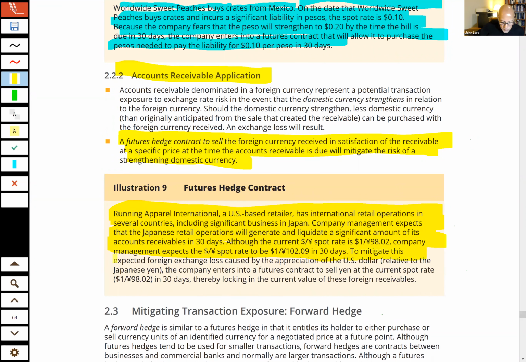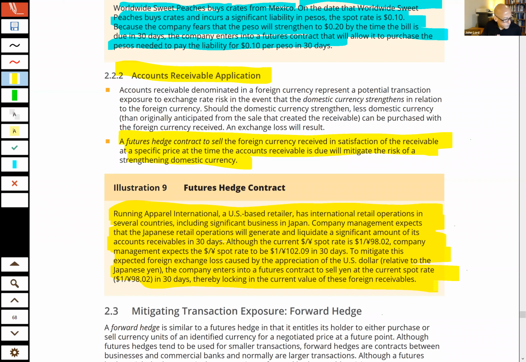So to mitigate this expected foreign exchange loss caused by appreciation of the dollar relative to the yen, the company enters into a future contract to sell yen at the current spot rate. So regardless of how much they end up getting paid in yen being less dollars later, they know that they can lock in at those higher rates using the futures contract.